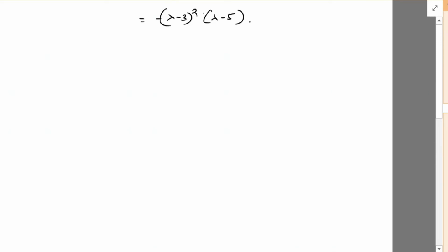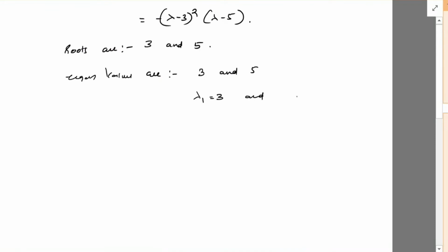So what are the roots? From this factorization we can say that roots will be 3 and 5. So the eigenvalues are 3 and 5, or we will write as lambda 1 equal to 3 and lambda 2 equal to 5. These are the roots.